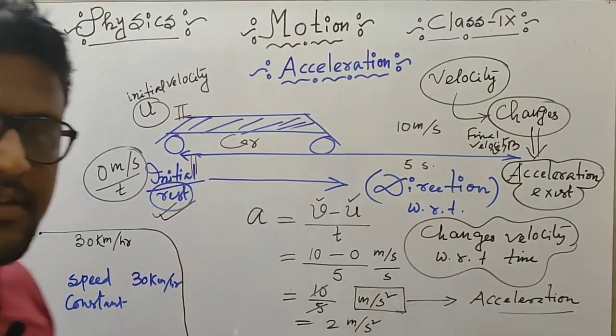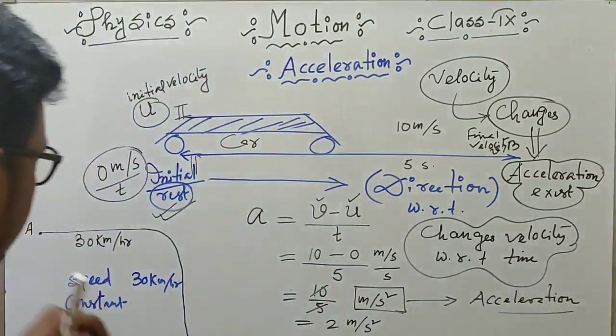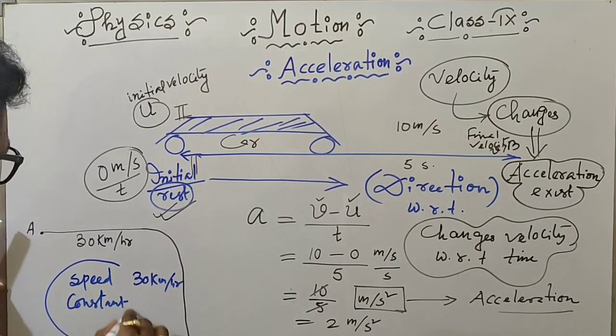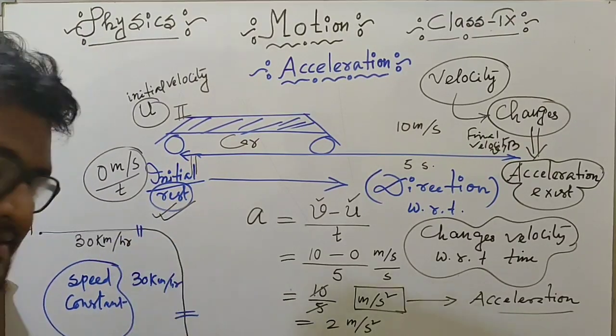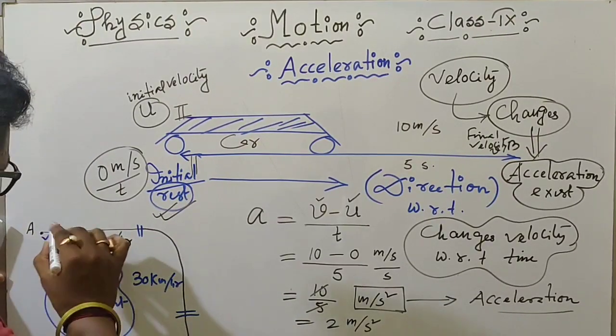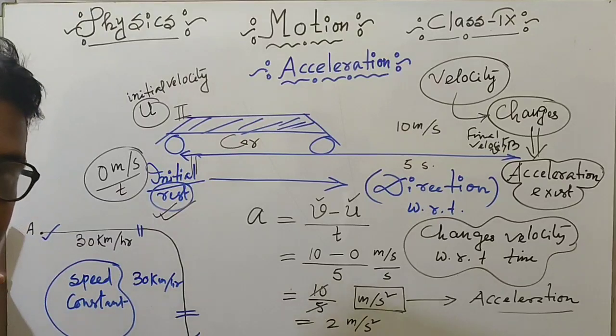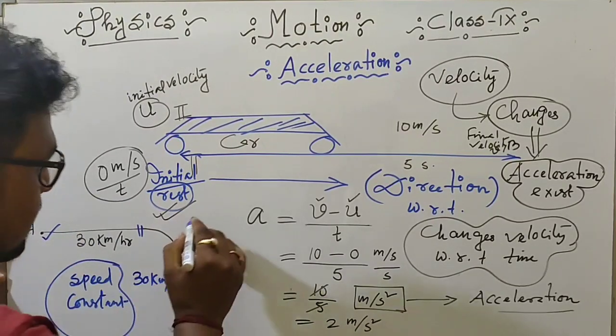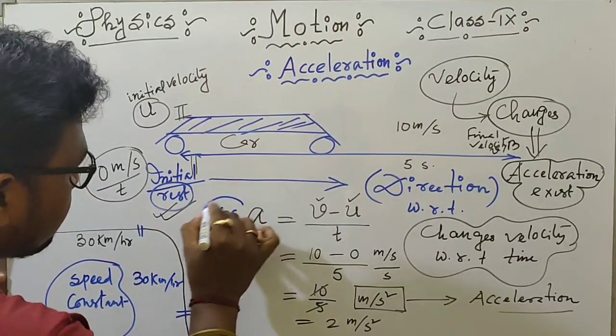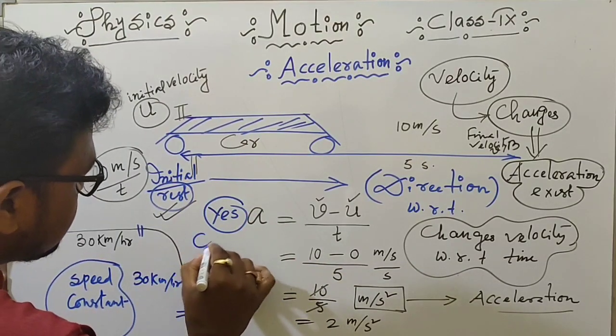So do you think, if speed is constant, an object is accelerated from point A to point B? What do you think? Is it accelerated? Yes. Why? Because of the change of direction.